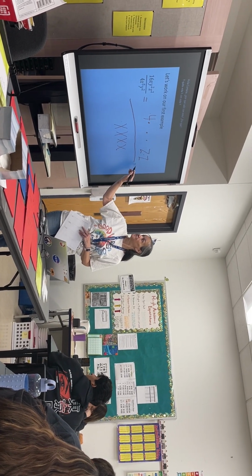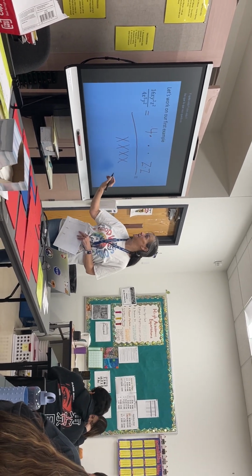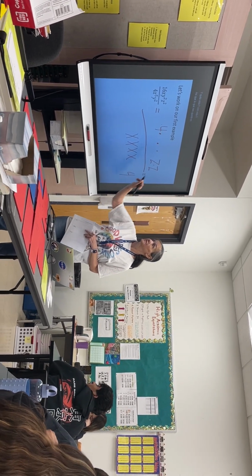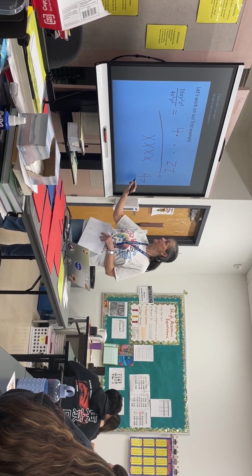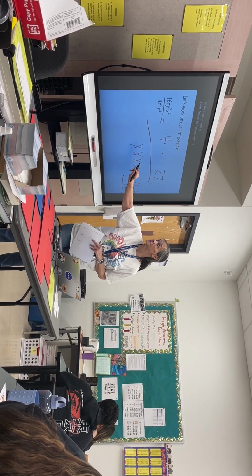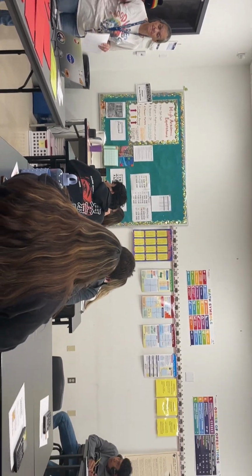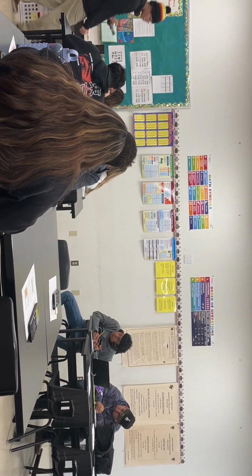So what we are left with is 4, and we have 2 z's, so that's z squared, divided by x, x, x, x to the 4th. So that's our first example.